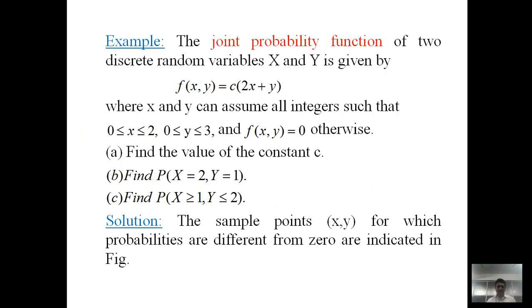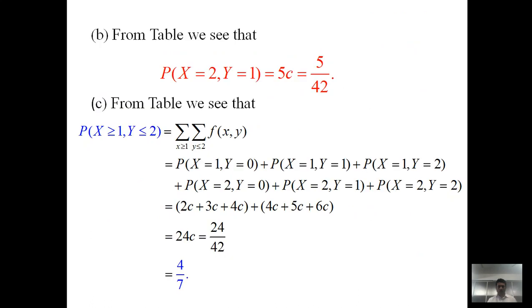At the last, we have to deal with the third option, the probability of x greater than or equal to 1 and y less than or equal to 2. So the probability of x greater than or equal to 1, y less than or equal to 2 is represented by the sum over all x greater than or equal to 1, all y less than or equal to 2 of f(x, y).